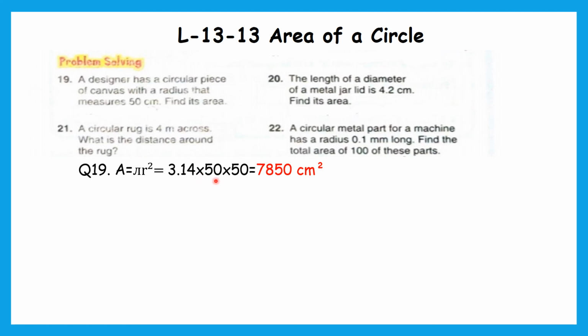Then 50 multiplied by 50, multiplied by 3.14. The answer is 7850. The area of the circular piece is 7850 centimeter square.